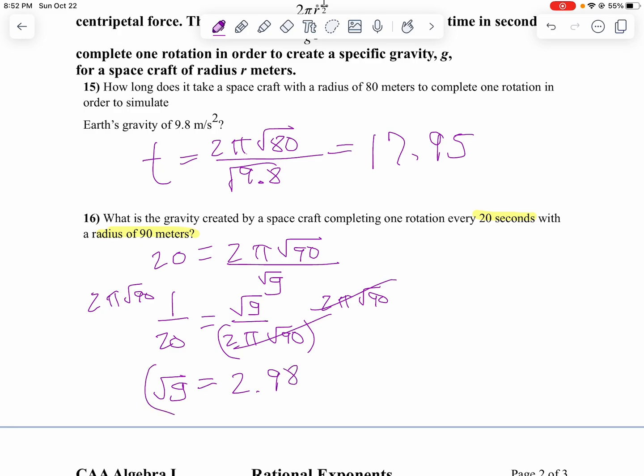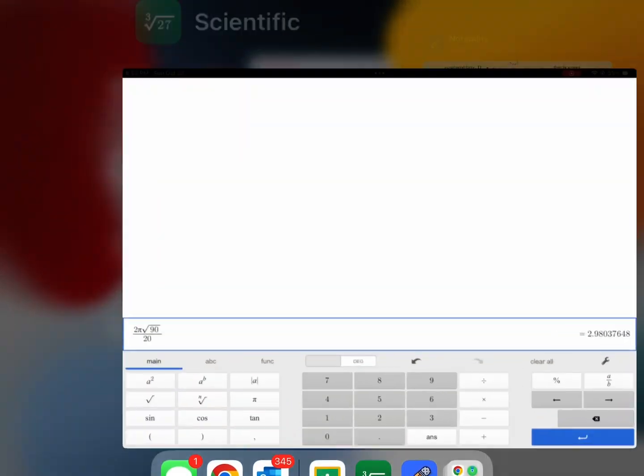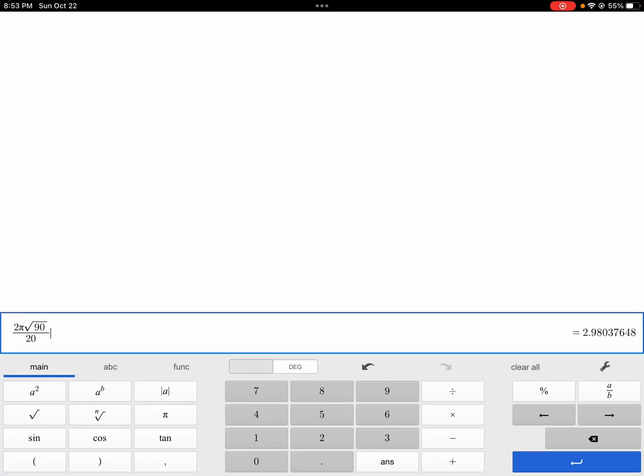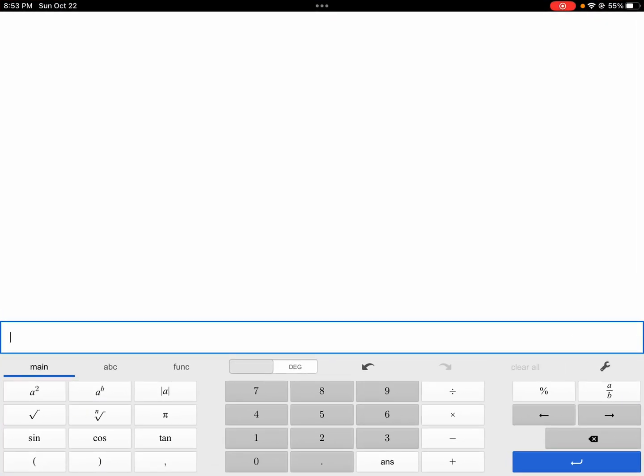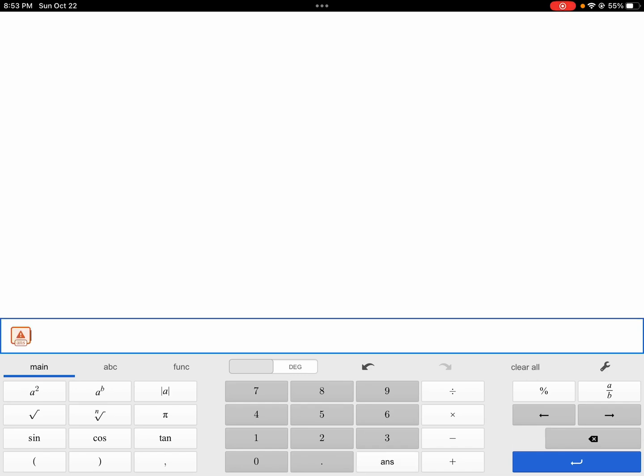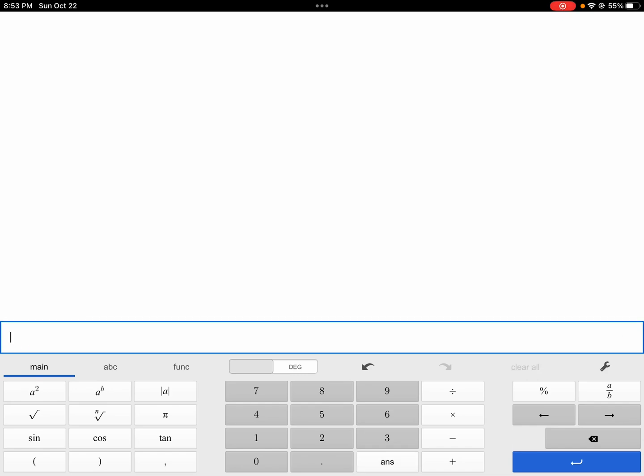Well, to solve for g, I'm going to square both sides. So then g is 2.98 squared. Dang it, I wanted that. Can I redo that? I'll just take 2.98 and I'll square that.